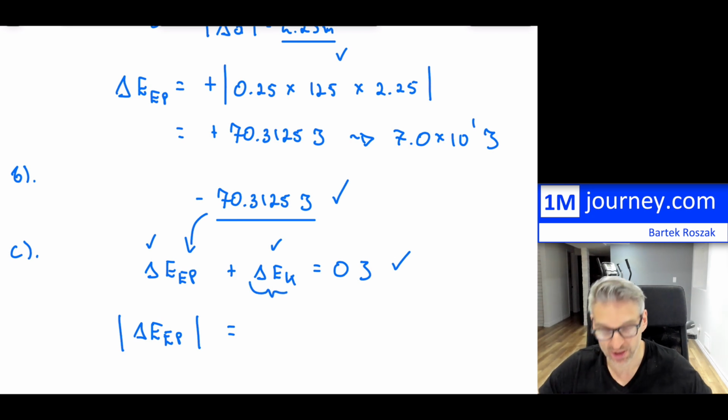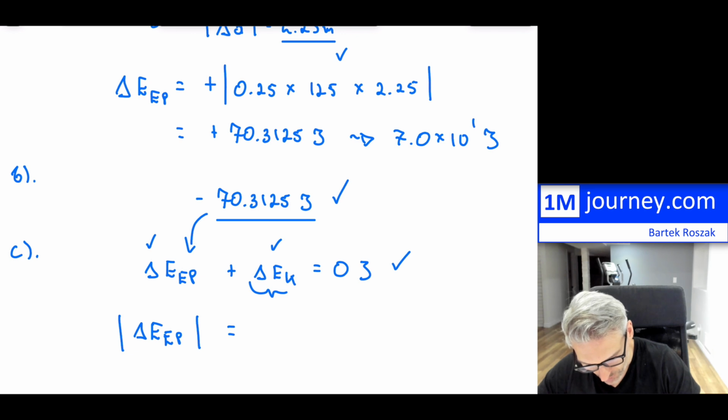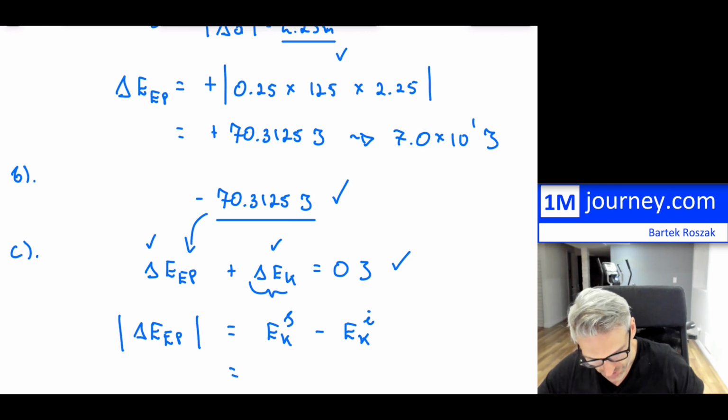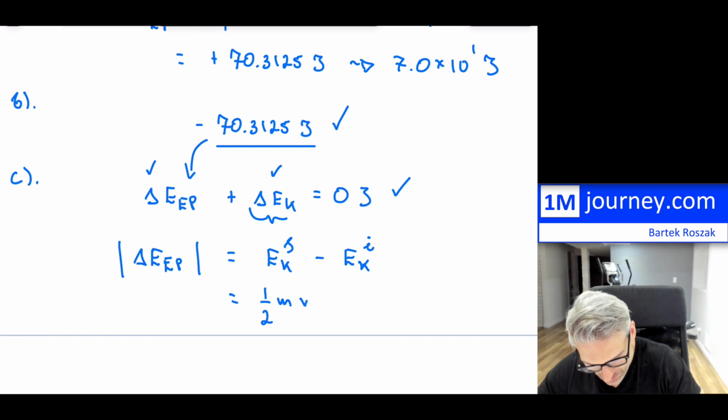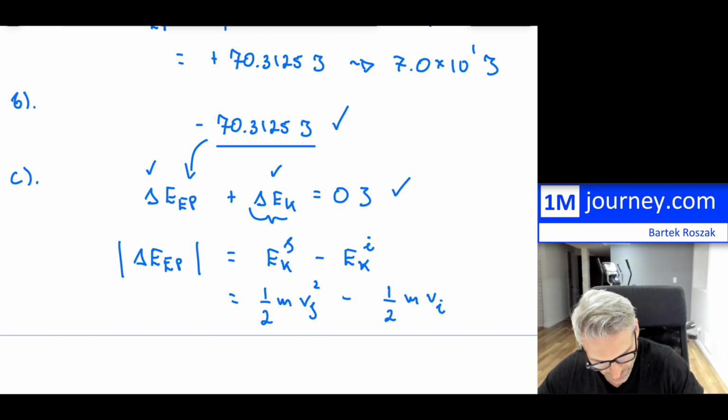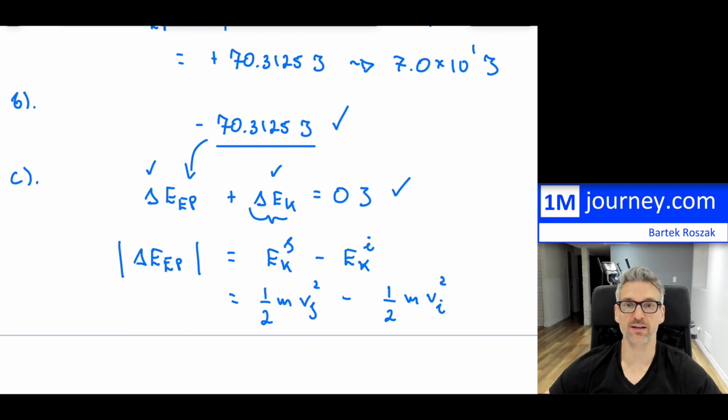Now, what's the change in kinetic energy? Well, whatever the change is, so kinetic energy final minus the kinetic energy initial. If you're writing this down, kinetic energy is 1/2 m V final squared, minus 1/2 m V initial squared. Now, they told us that the final speed has changed by a third.